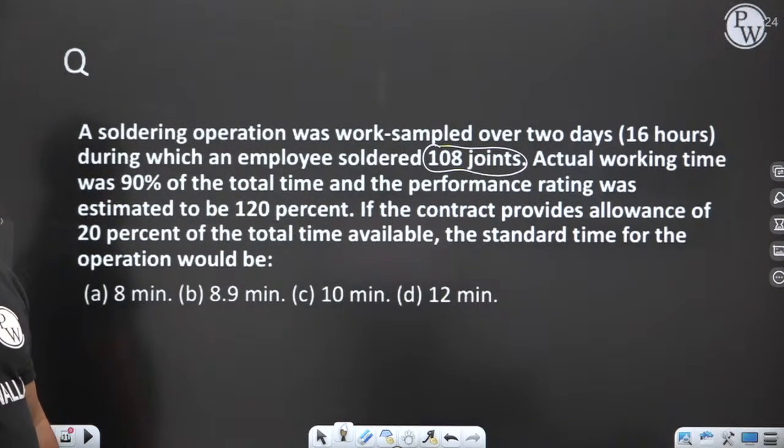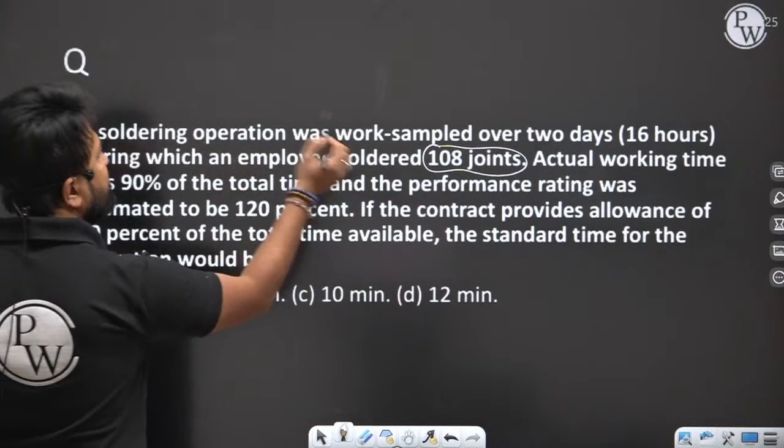Here, what is the actual time basically? The actual time is 16 hours, basically the observed one.